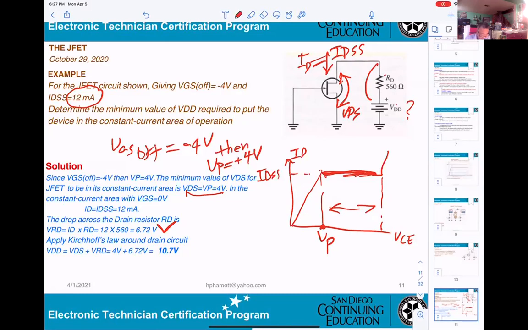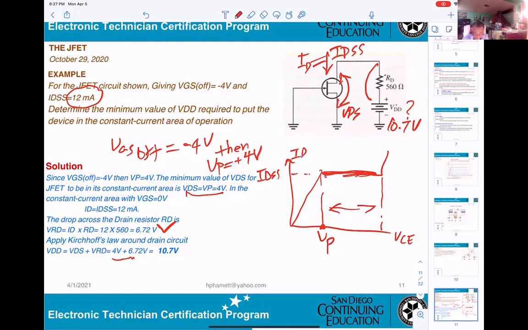So you take the 4 volt and add it to 6.72 volt. So the power supply is supposed to be a minimum of 10.7 volt. If the student can understand this problem, that means you really understand a lot from the beginning up to this point.